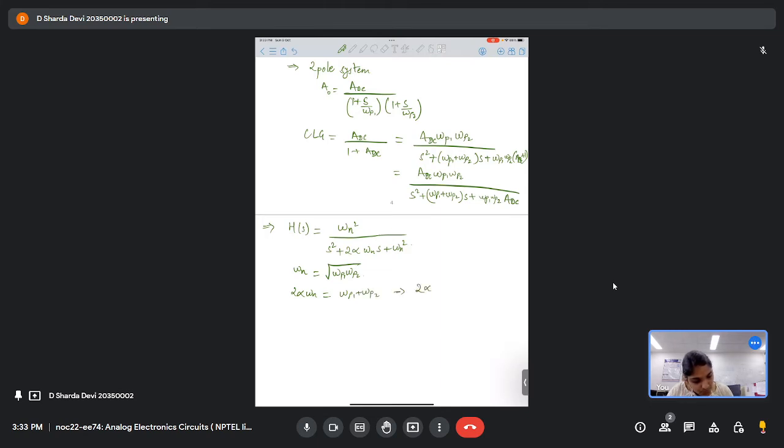So 2 alpha turns out to be omega P1 plus omega P2 by root over omega P1 omega P2, where this 2 alpha is actually a damping factor.